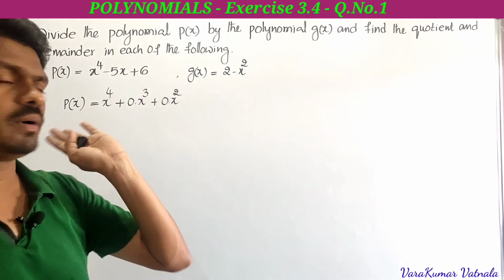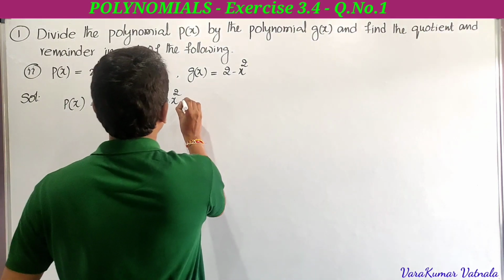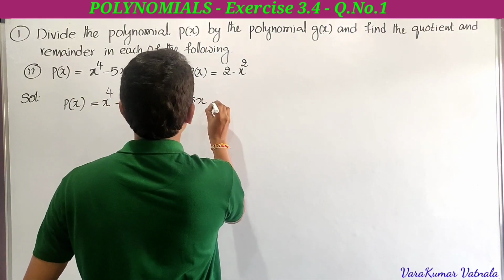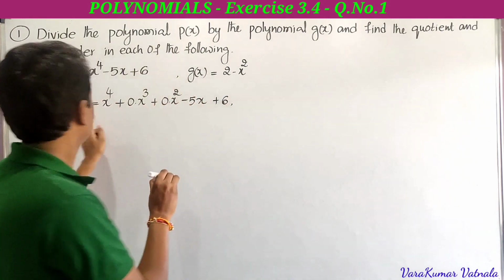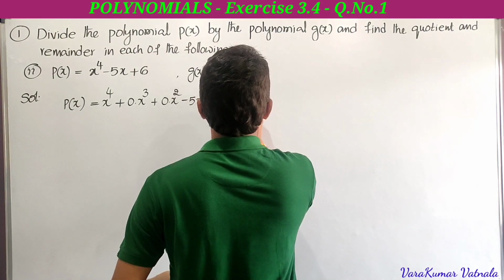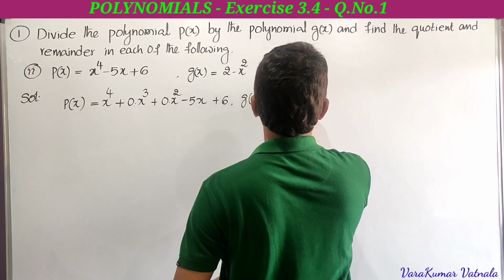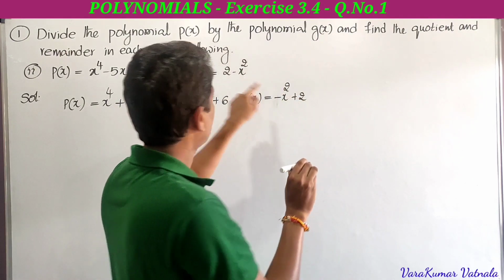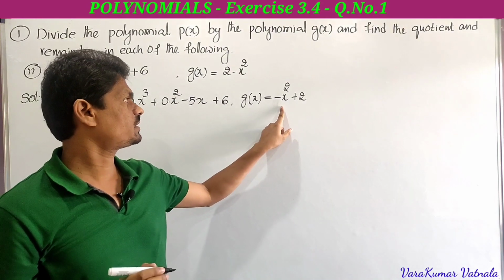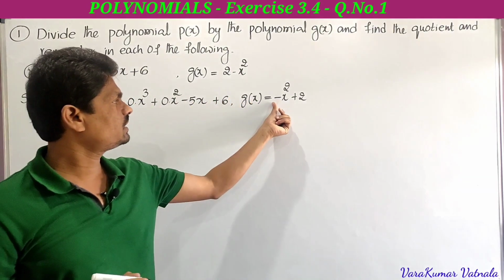That you have to remember. So next is minus 5x plus 6. This is p of x. And g of x is equal to minus x square plus 2. So this is g of x.